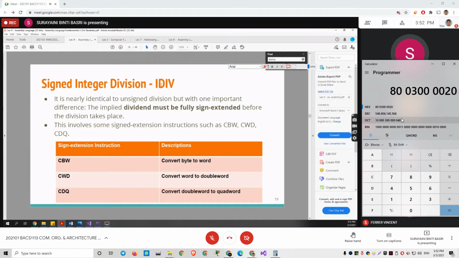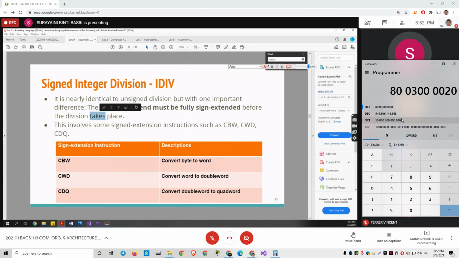The operation that we have learned in DIV previously is similar with the signed integer, but with one important difference, which is the implied dividend must be fully sign extended before the division takes place.